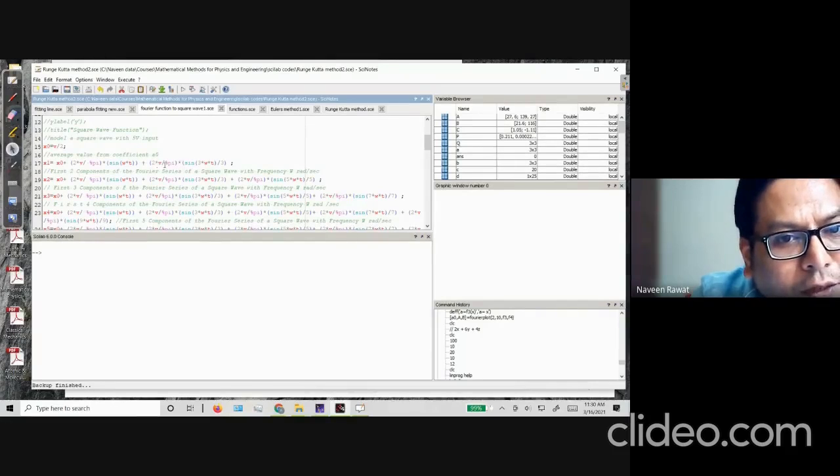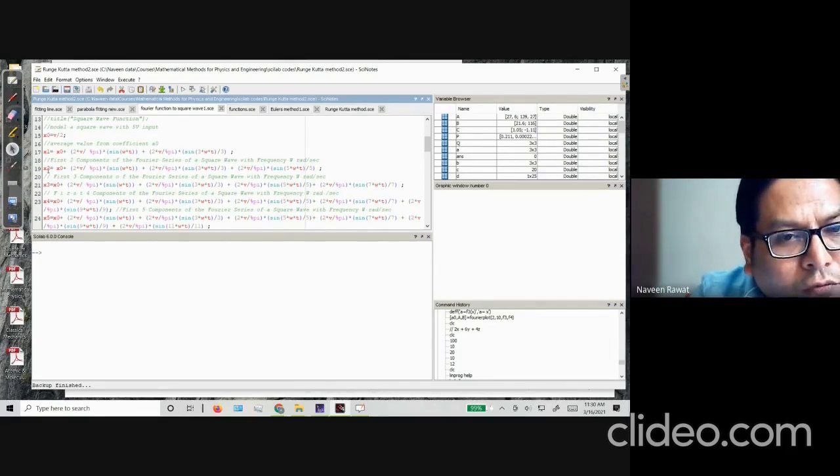So the next term will be 2v by 3 pi times sine 3 omega t. Okay, so now we have the first 2 terms that we are adding. So that is the one series, or you can have more and more terms in your Fourier series.